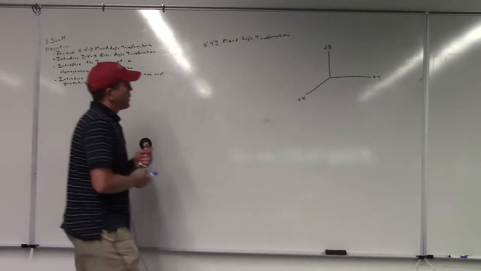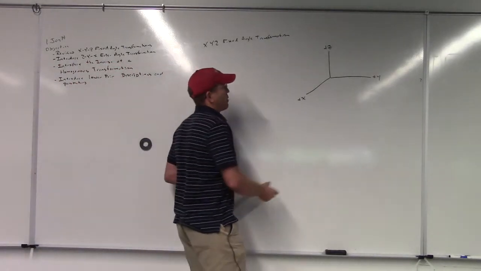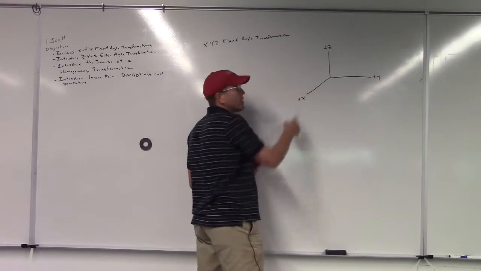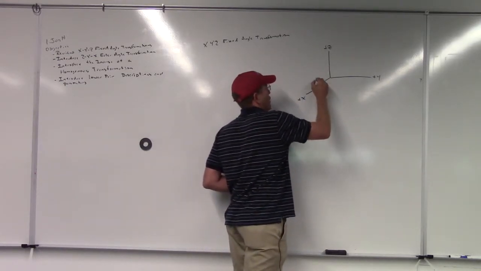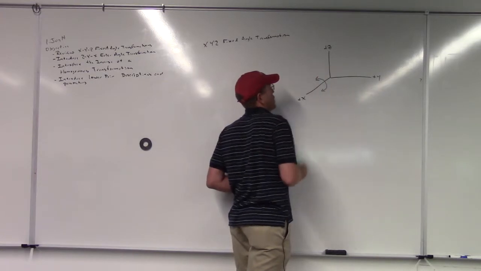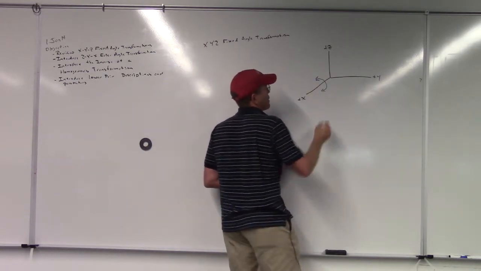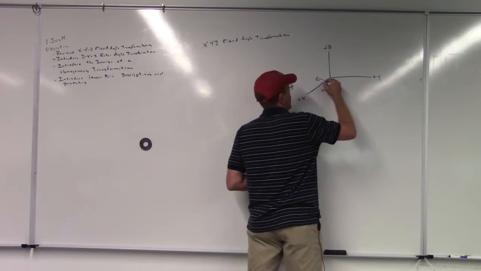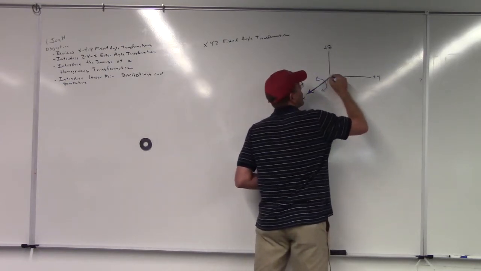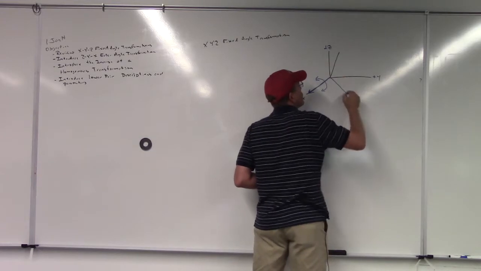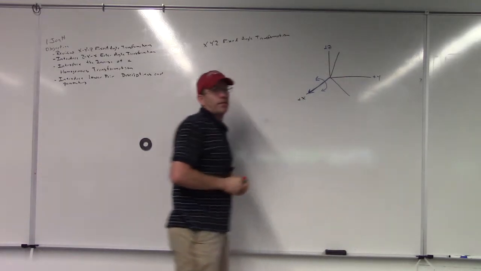So the first thing we did was we described a rotation about the x-axis. So we said, okay, the first thing we're going to do is describe a rotation about the x-axis, which results in a new frame that might look something like that.